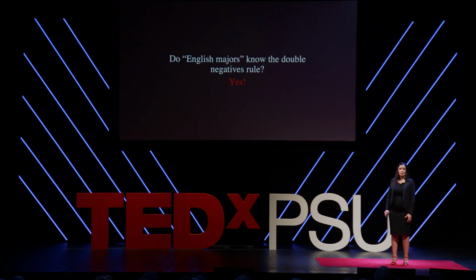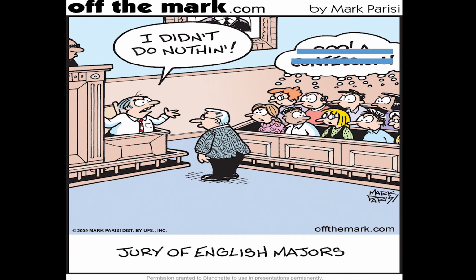It turned out that yes, in fact, English majors do know the double negatives rule. Whenever the nt came first, they reliably preferred that negative reading, which was the defendant's reading. So we now have scientific evidence that a jury would actually not be justified in coming to this conclusion that the defendant has made a confession.